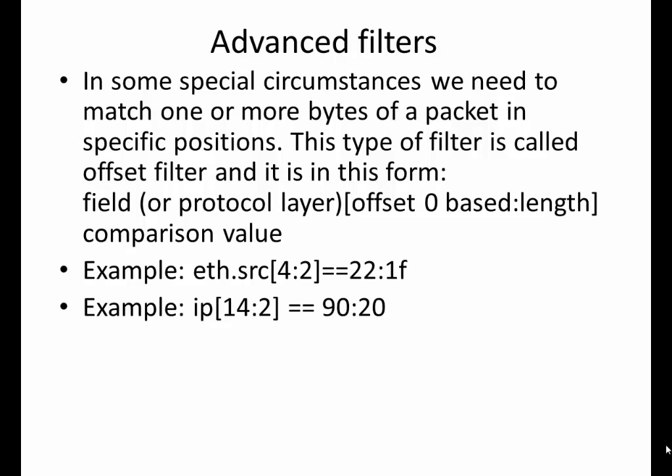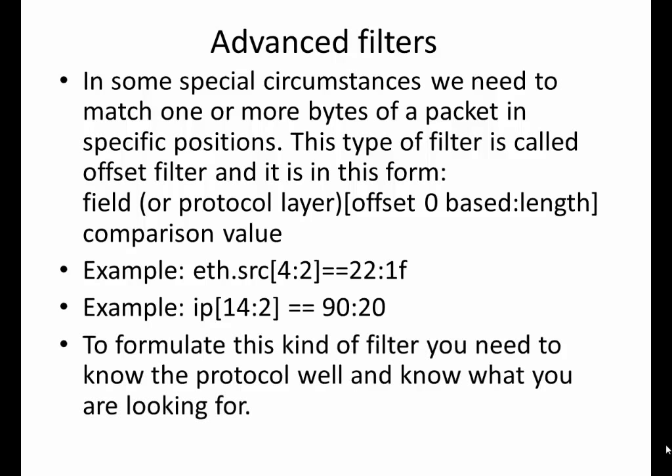In the other one, the IP protocol stack, the 15th byte, we take 2 of them and they need to be equal to hexadecimal 9020. To formulate this kind of filter, you need to know the protocol very well, and you need to know what you are doing, mainly what you are looking for.